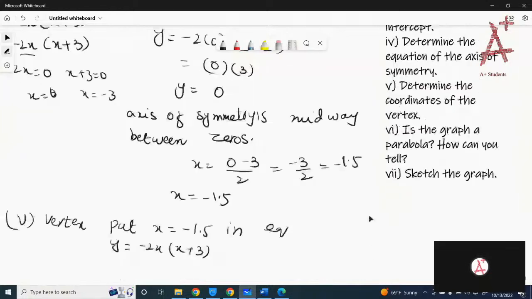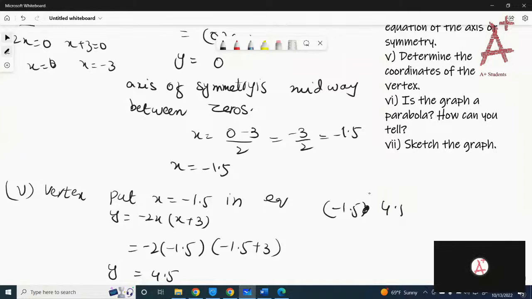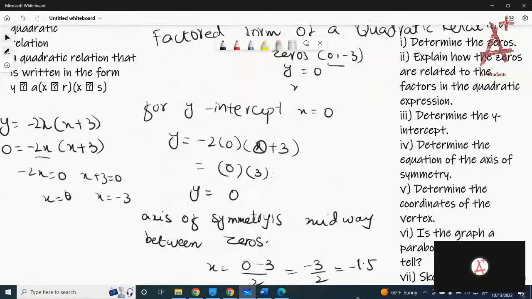So -2 times -1.5, times (-1.5 plus 3). It would be y equals 4.5. That means the vertex is (-1.5, 4.5). The equation of the axis of symmetry is x equals -1.5, and the vertex is (-1.5, 4.5). Got it?